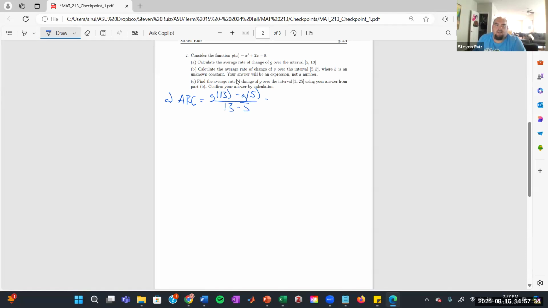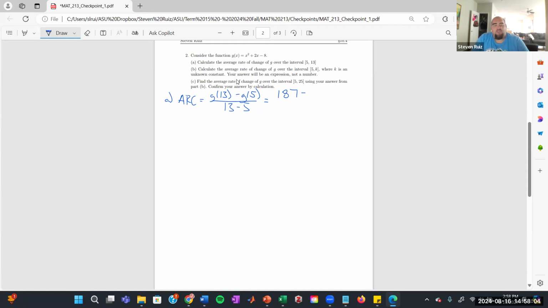I don't know if I'm going to be able to do this by hand. So what is 13 squared? I know that's 169. Plus 2 times 13, that's 26. Minus 8, I get 187. All over, no, not done. 187 minus what happens when I plug in 5. 5 squared is 25.